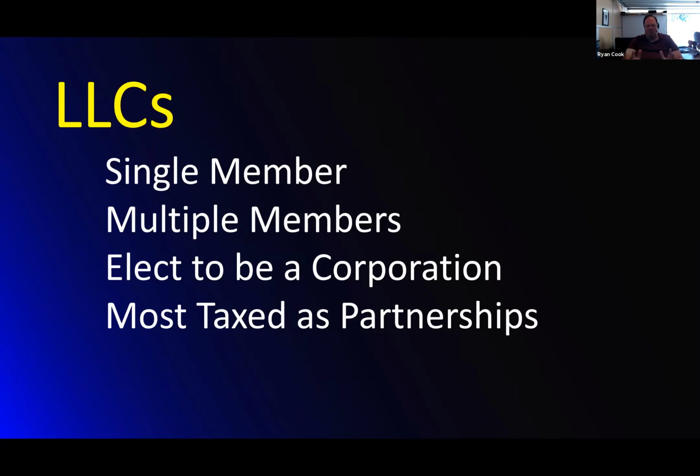It works a lot like a corporation owned by a sole proprietorship, and it's part of it for federal tax purposes. If it has just one member, it's treated for federal tax purposes as part of the owner's individual tax return. It goes on their 1040.